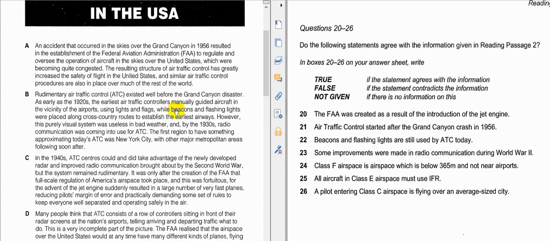All right, so before we get started, a couple of simple principles that you have to know when it comes to the True, False, Not Given question. It explains explicitly what true means, what false means, what not given means. In the case of true, the statement agrees with the information.